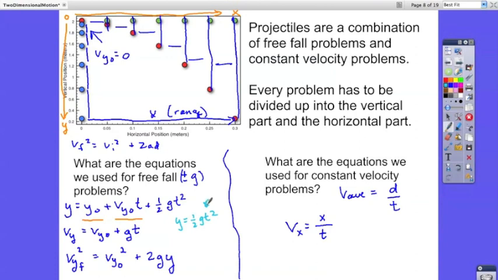Now, can you do the algebraic manipulation it takes to solve for t? Well, let's do this together. In order to isolate the t, we need to multiply both sides by 2. Because if I multiply by 2 over here, the 2 and the 1/2 will cancel, right? So I'll end up with a 2y over here.